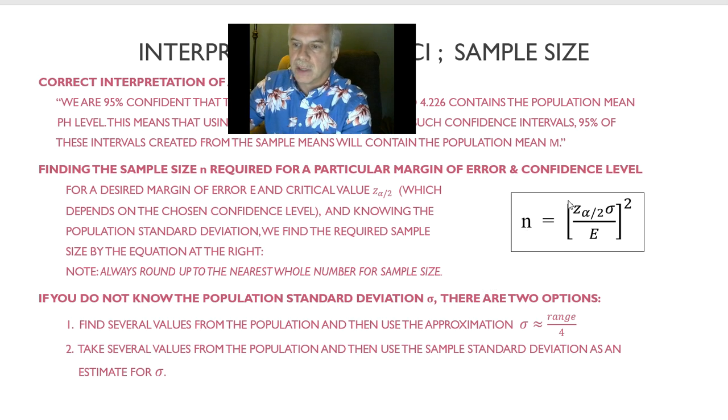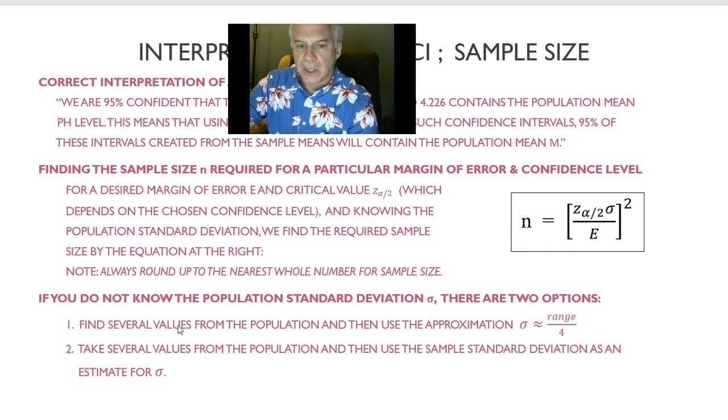And so it would be the critical value, Z alpha divided by 2, times the population standard deviation divided by the margin of error, and then square that. And that would be your sample size. Now, if it doesn't come out to a whole number, you round up to the next whole number. Now, if you do not know the population standard deviation sigma, there are 2 options.